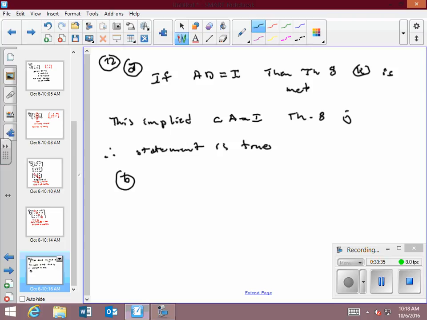So if you look at theorem 8, what is being said that is true?